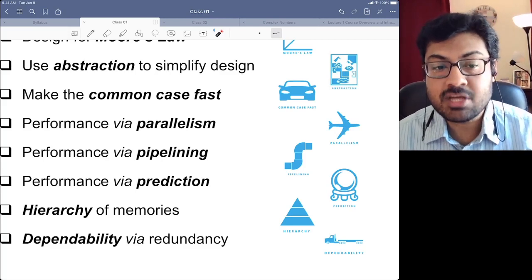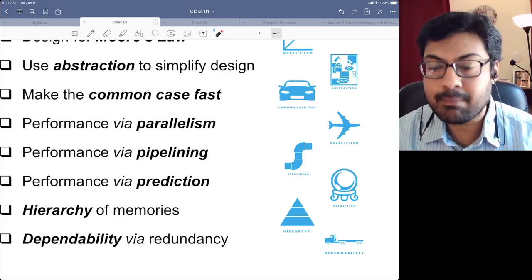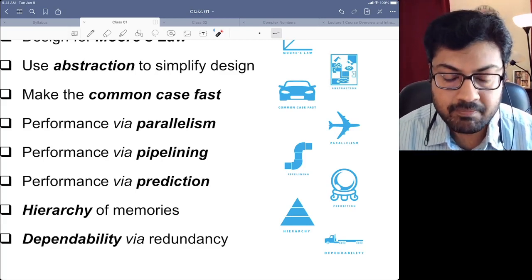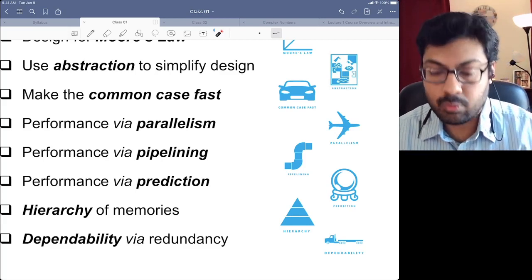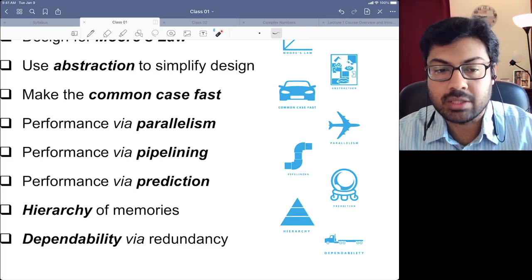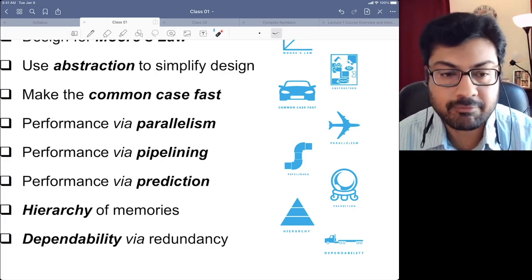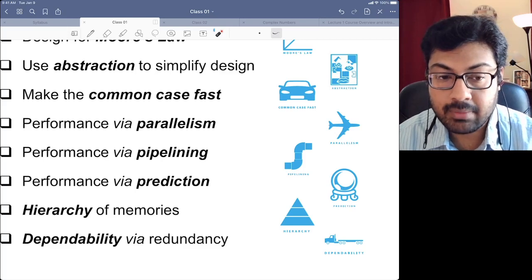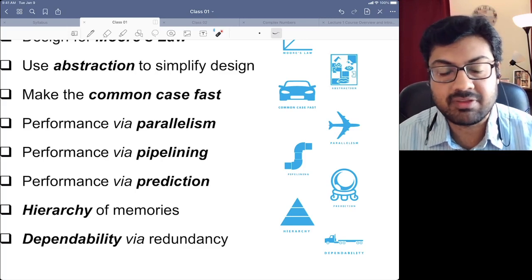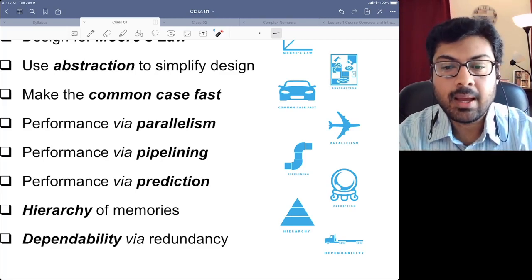If there is a particular task that cannot be done in parallel, then you don't get the benefit of improving performance. But if there is a task which has several threads and you can run them at once or stagger them even, then you can get the benefit of parallelism. So, be aware of that. Parallelism doesn't always give you the benefit.